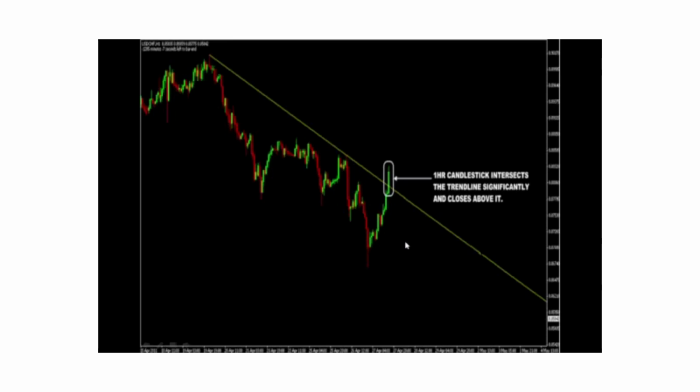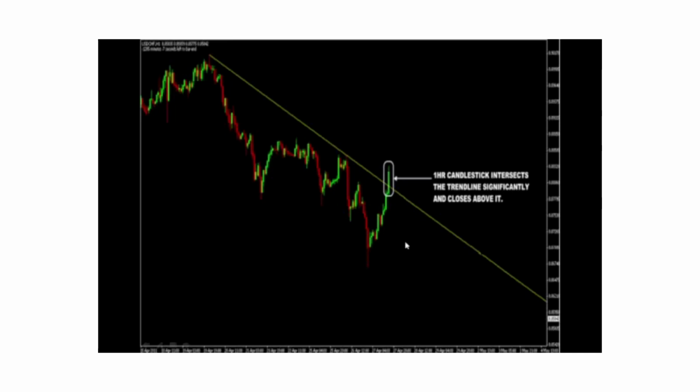And then the length of the candlestick. The longer the body of a candlestick that closes above or below a downward or upward trend line, the greater the possibility that the trend line has now been violated.